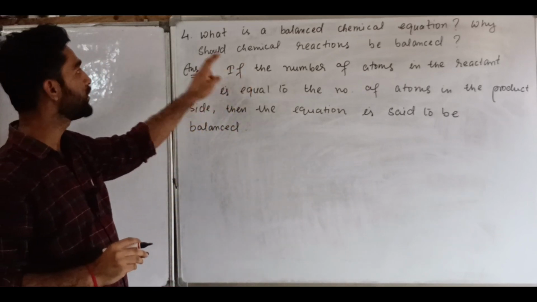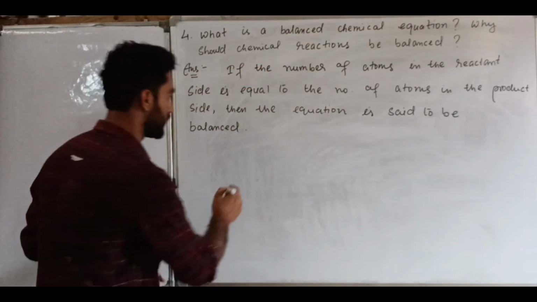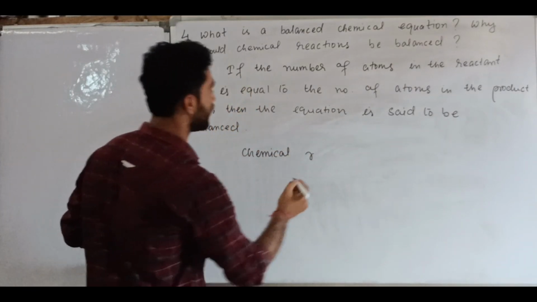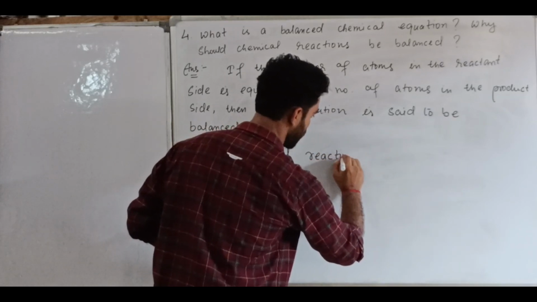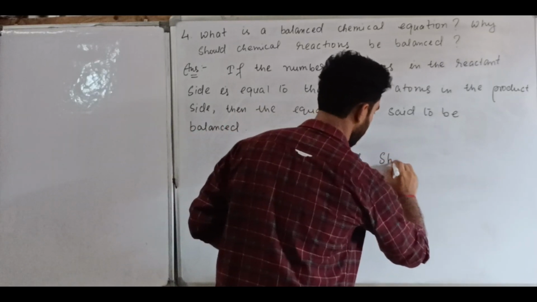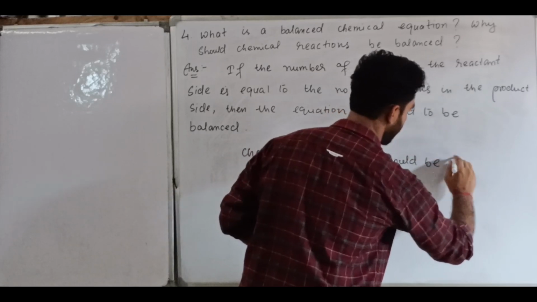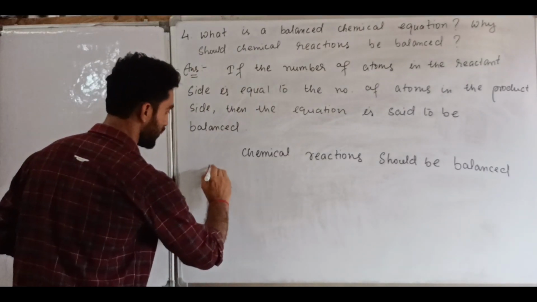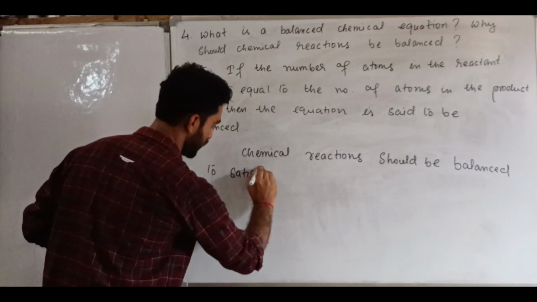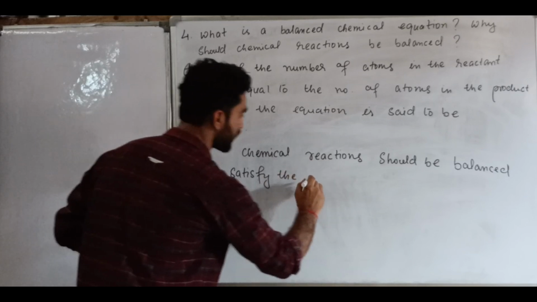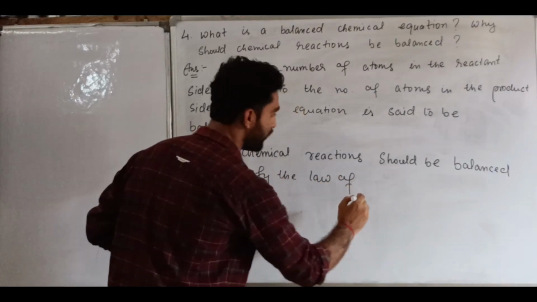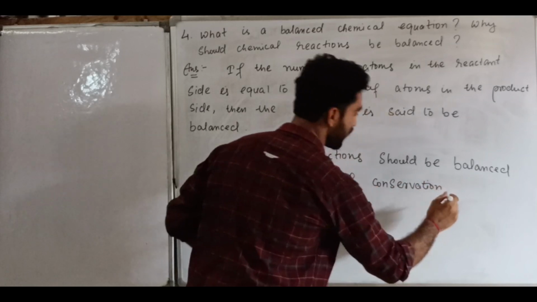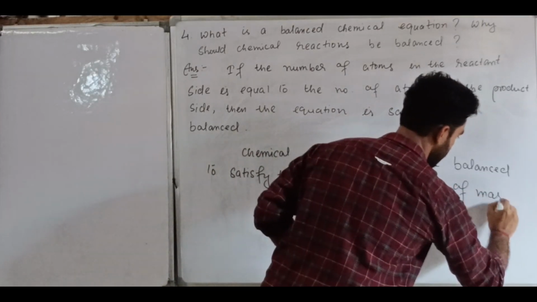Now the next part is, why should chemical reactions be balanced? Chemical reactions should be balanced to satisfy the law of conservation of mass.